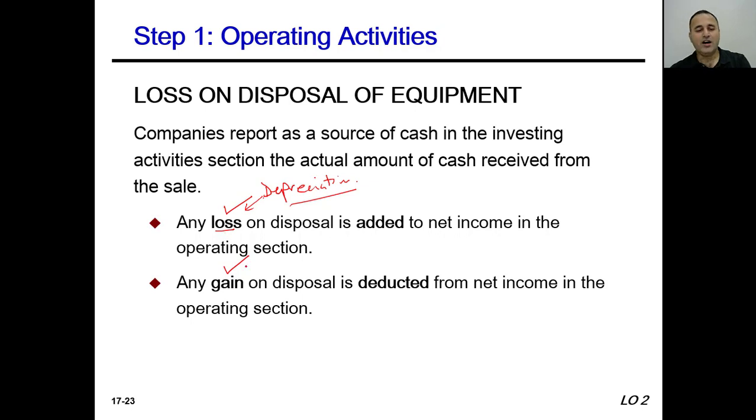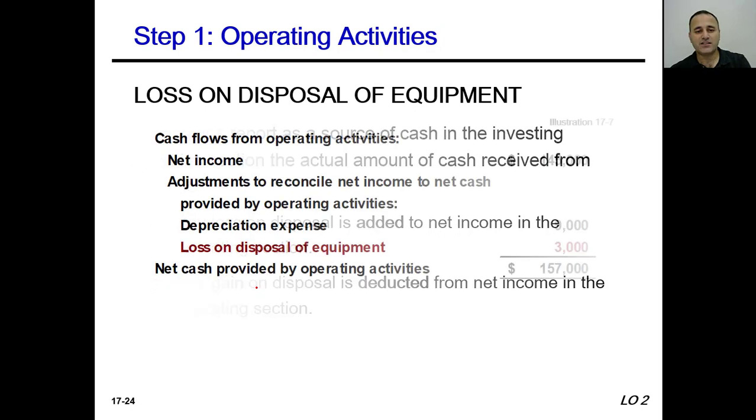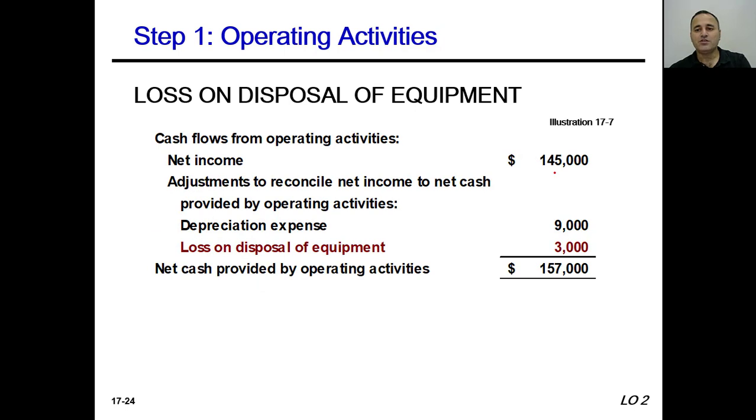And of course gain is deducted. In this example, net income reported on the income statement was 145. We added back the $9,000 depreciation expense, and then we added the $3,000 loss on sale of equipment. So my total now is $157,000.